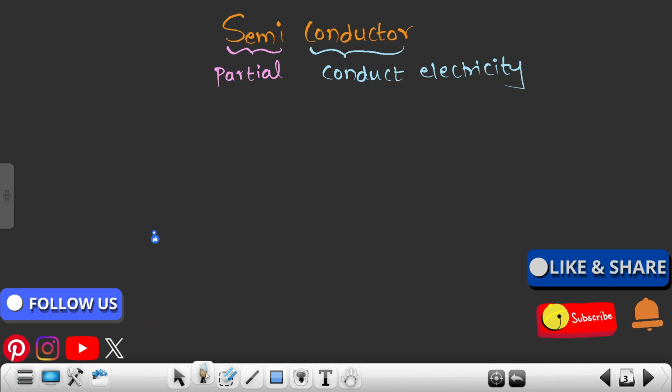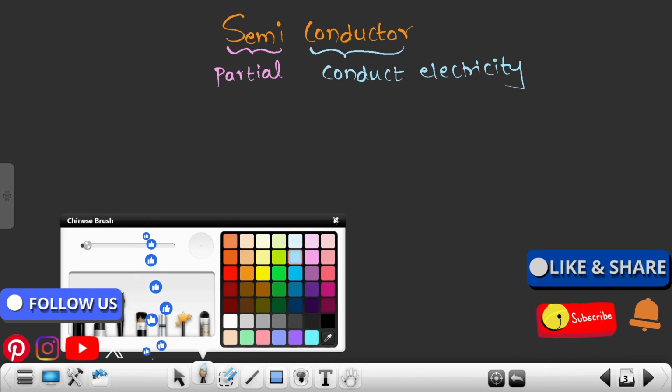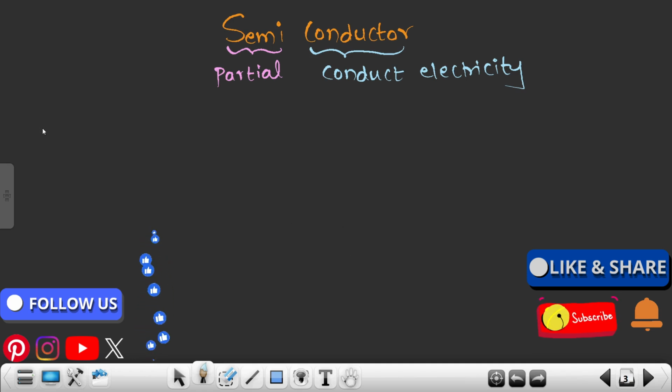Great. So that is the very first point I understood as a layman, since we don't have any idea yet what exactly a semiconductor is.